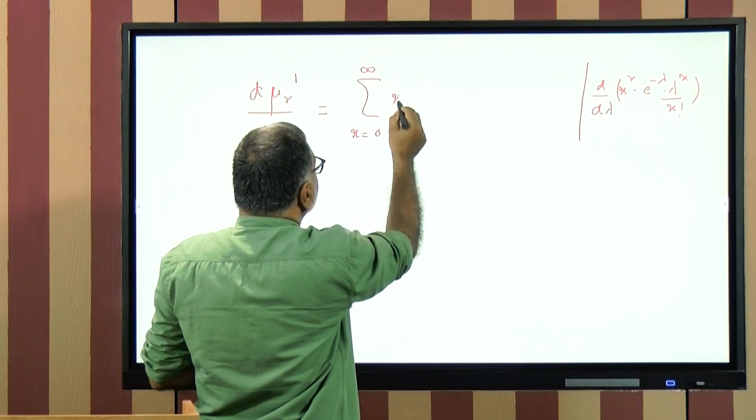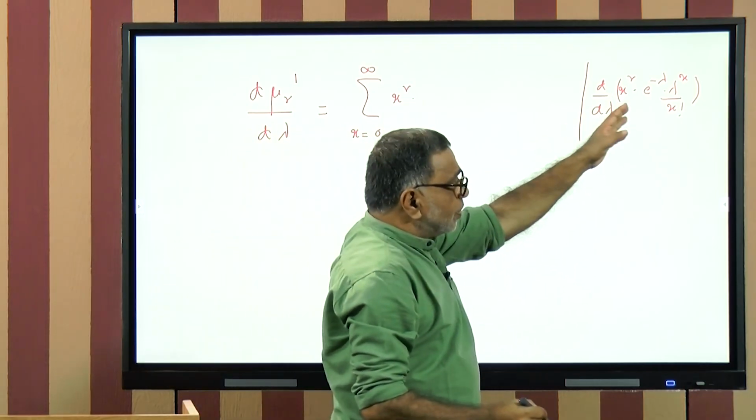Here x power r is not a function of lambda.